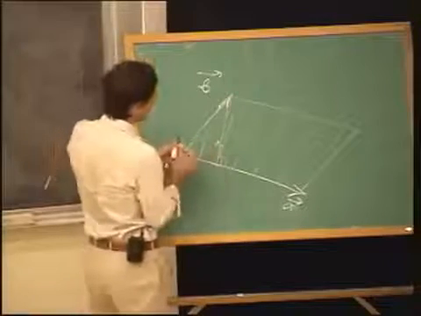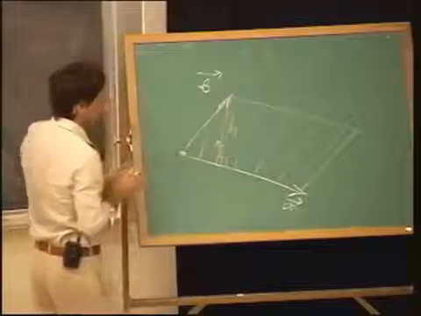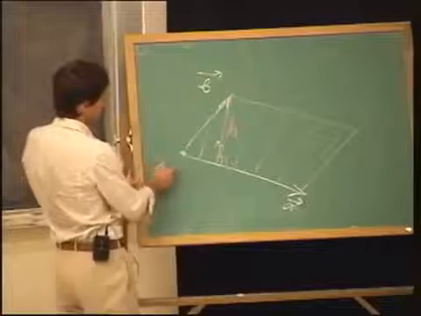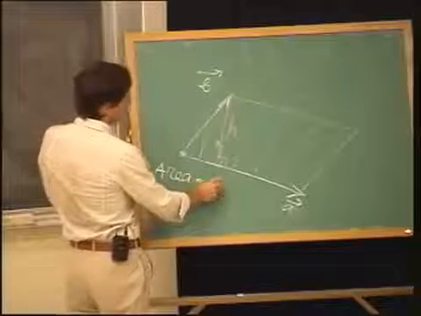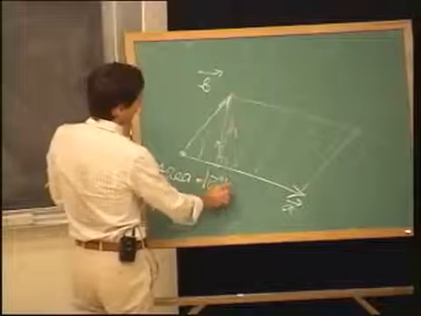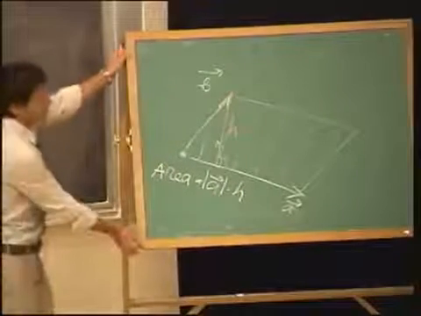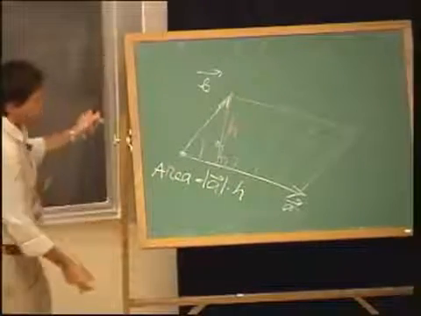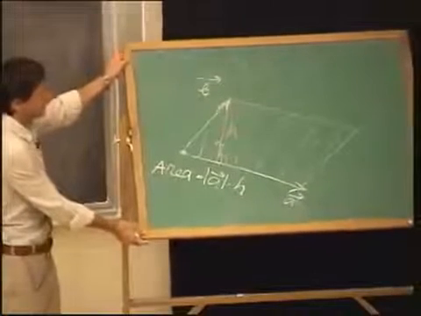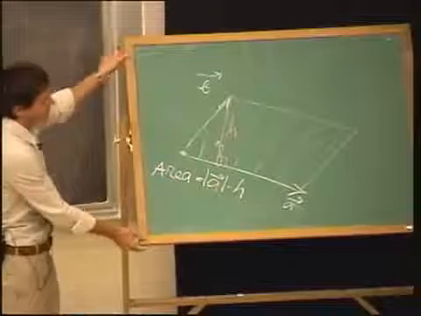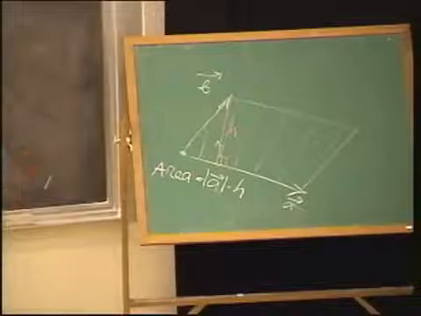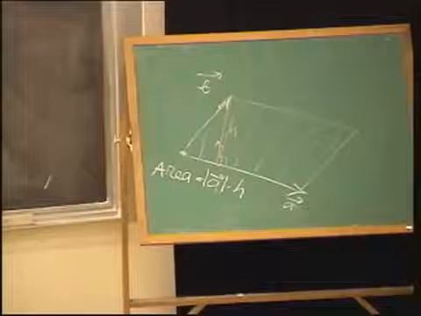Let's call this H. And so this area is A, the length of A, times H. Right? I have to be careful not to shift it. You know what I mean.